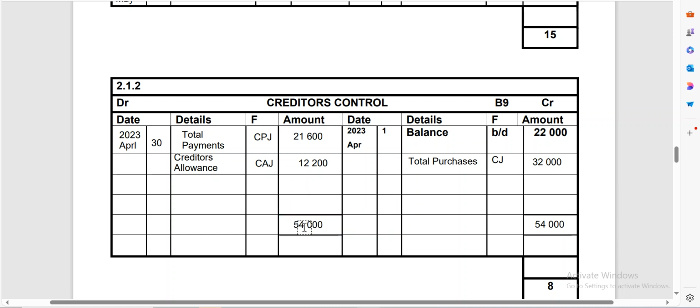And then from there, remember here on the 30th, we need to have a balance carried down. So we have that balance carried down, and here on the 1st of May 2023, we'll write that balance brought down that we got.